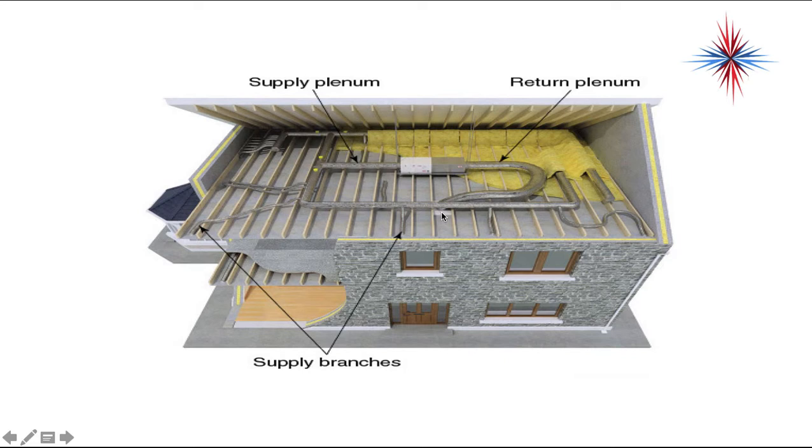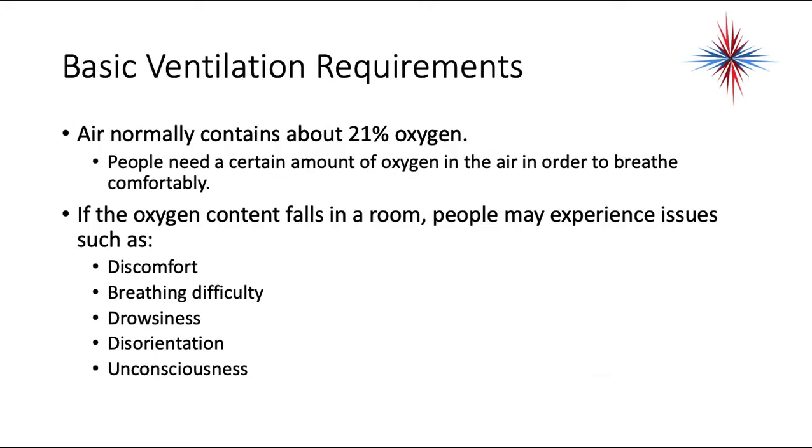But you notice this only has one central return duct. Okay, so all of these rooms over here, when you close the doors, you suddenly have supply with no return. That's not the best design. Okay, so we want to have as many returns as we can possibly have. But you do see a lot with the central return systems.